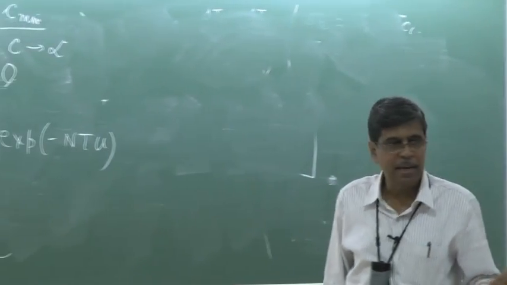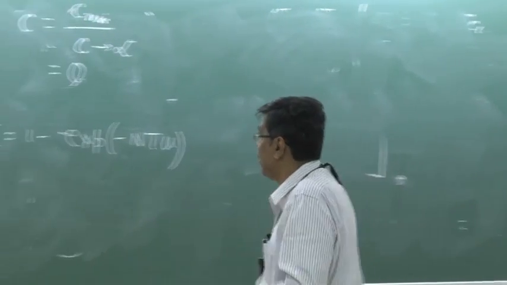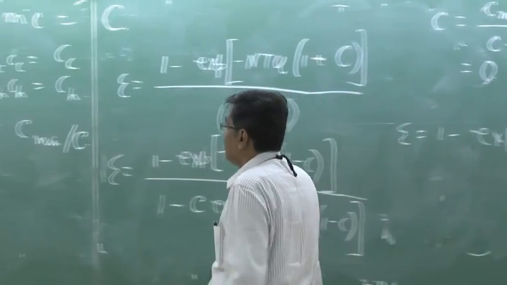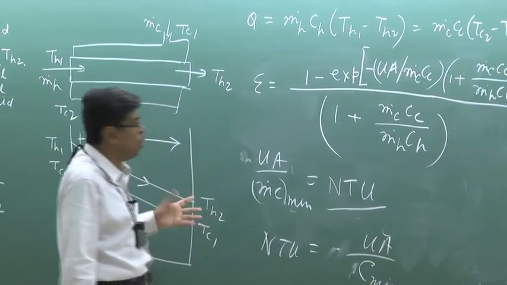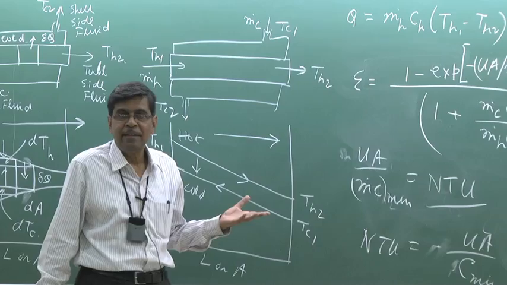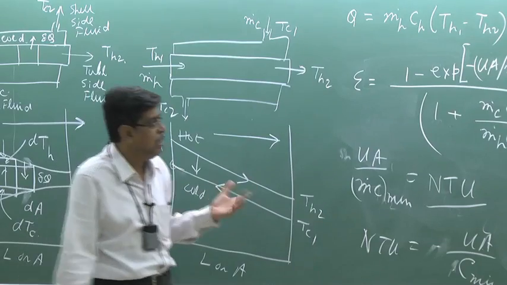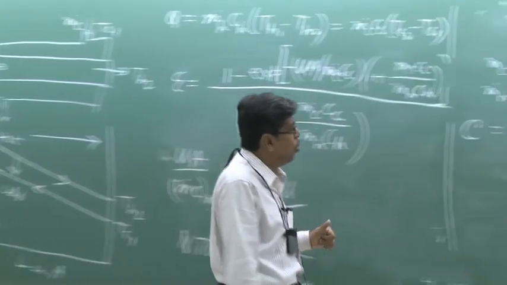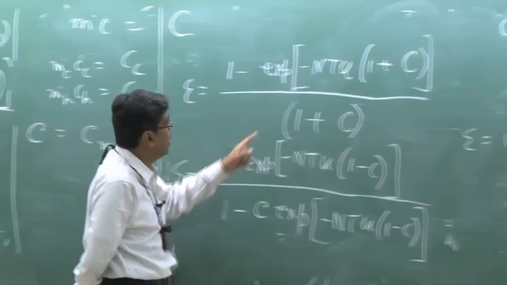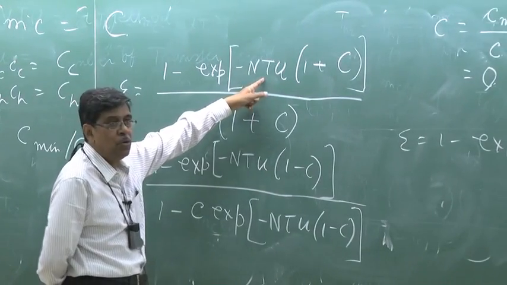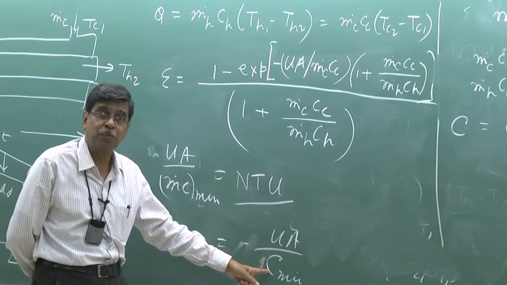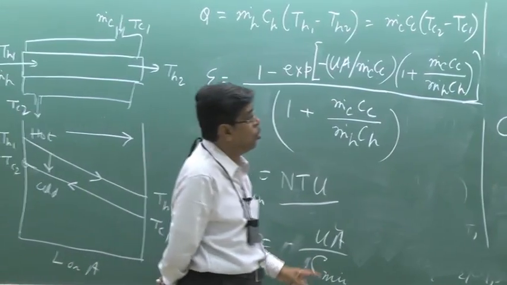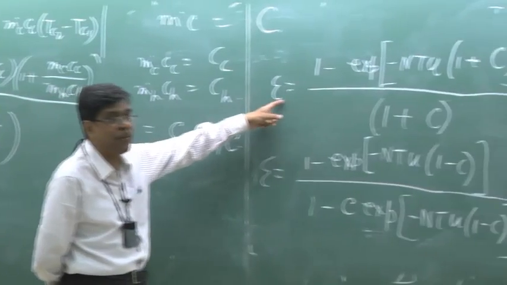Okay, clear? But here one thing is very much open: if I do not know the temperatures explicitly, then what can we do? When we know the NTU, because we know the area, the overall heat transfer coefficient, and the mass flow rate and specific heat, we can straight away find out the effectiveness.